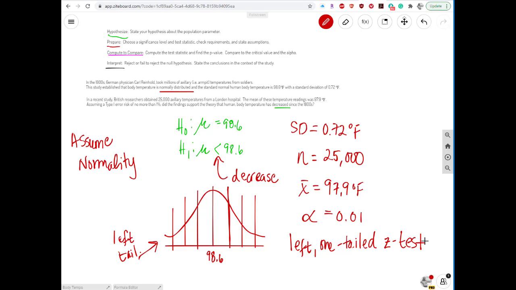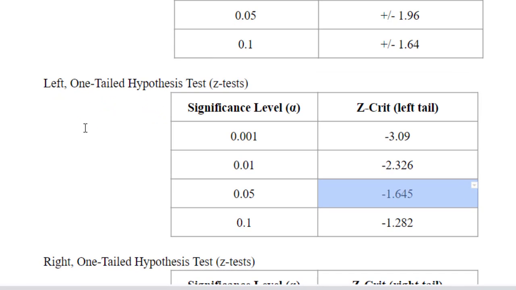Okay, cool. And now I'm going to need my ZCrit, so that I can mark where the region of rejection ends and where the region of retention starts. So I'm going to go ahead and go to my ZCrit scores, and I'm looking for a left one-tailed hypothesis, and this time I'm looking for 1% alpha. So here my 1% alpha ZCrit is going to be negative 2.326.